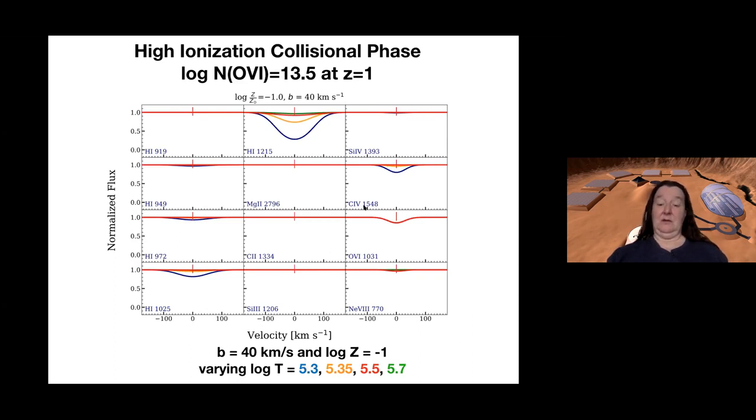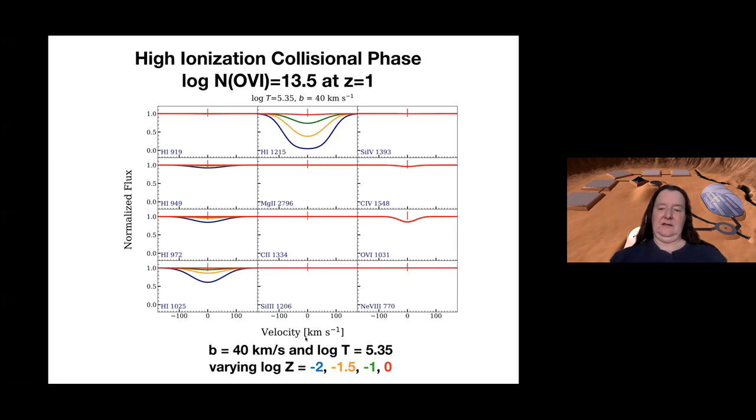So there can be carbon 4 from a collisionally ionized phase as well. These can be broader, and notice in the hydrogen that there is a broad profile, and for certain lower temperatures, we see interesting wings here that are going to be important for explaining some observational profiles that it seems really cannot be explained in any other way.